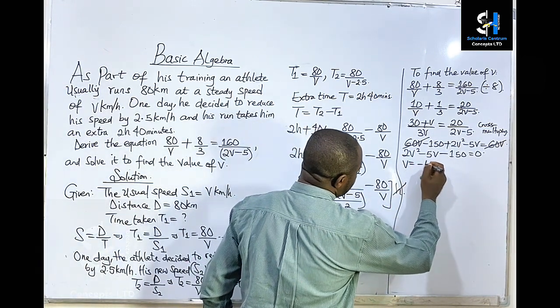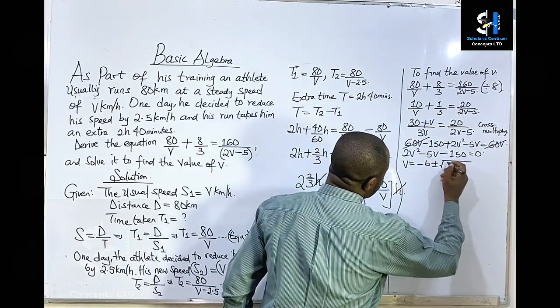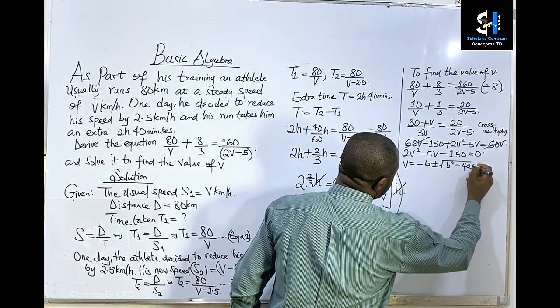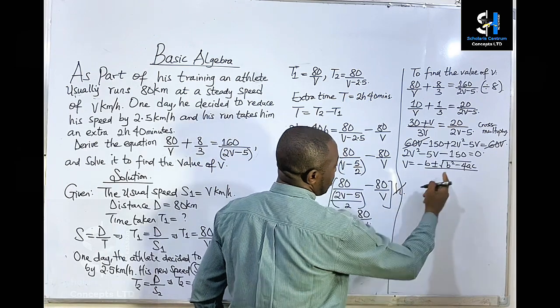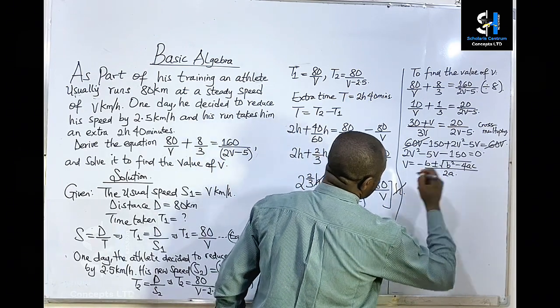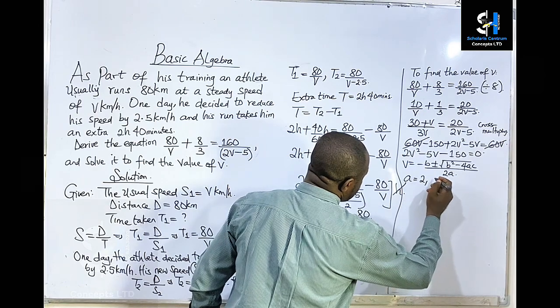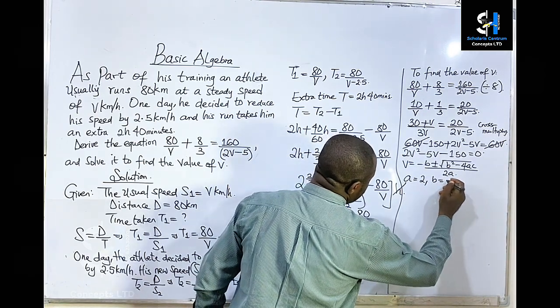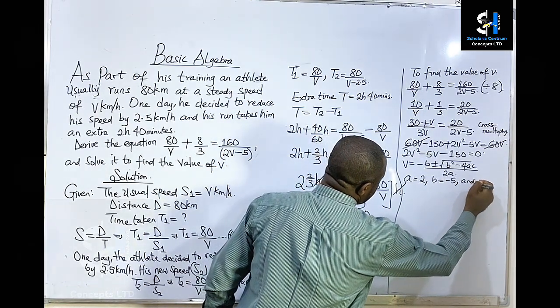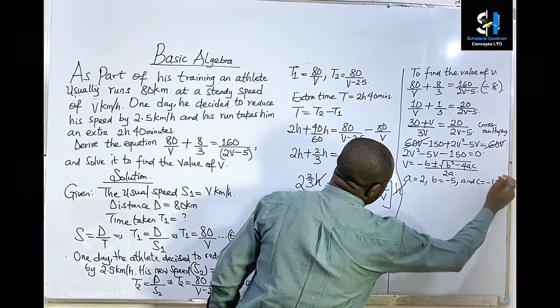So V will be equals to negative b plus or minus square root of b squared minus 4ac over 2a. So which means the value of a is what? 2. B will be what? Minus 5. And then c will be minus 150.